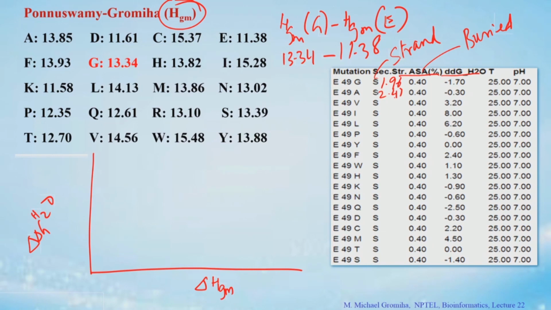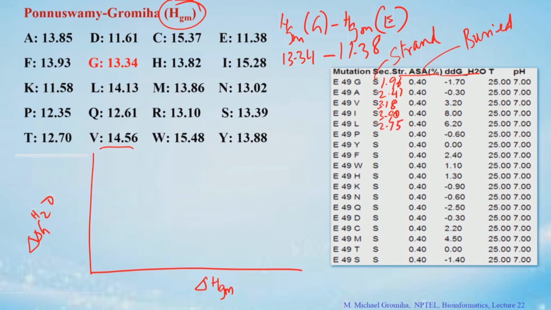And the third one, E49V. So, with this, V minus E is equal to 3.18. E49I is equal to 3.90, E49L is 2.75.